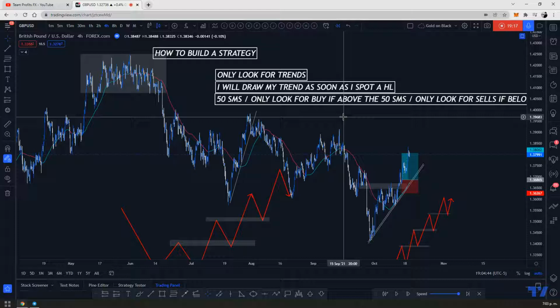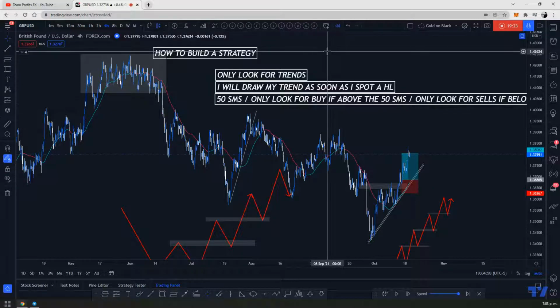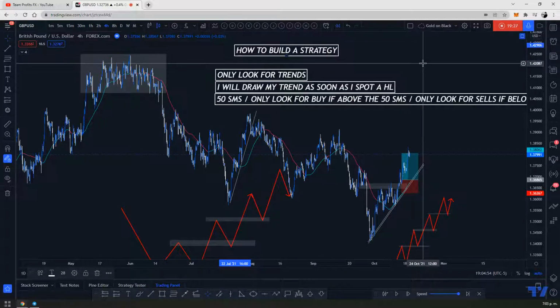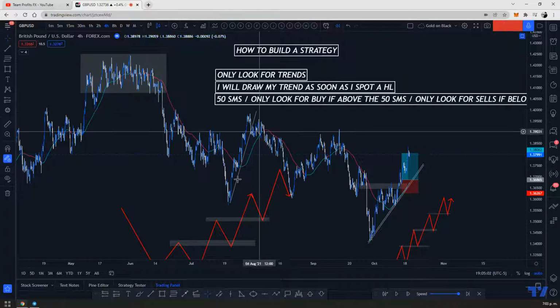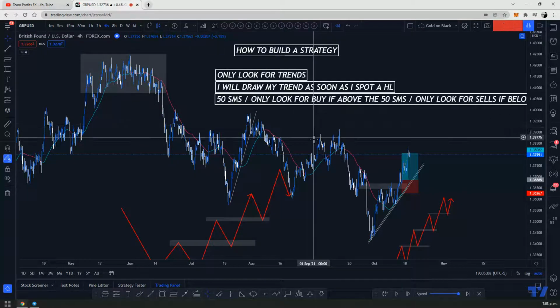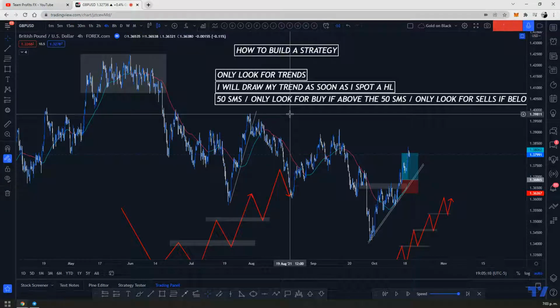I just wanted to throw out this information, guys, because I know it's important for some of you that don't know how to build a strategy, where to even start. I hope this information will help you at least have an understanding of how to build it, what indicators to use, and support and resistance. There are plenty of things that you can actually find.